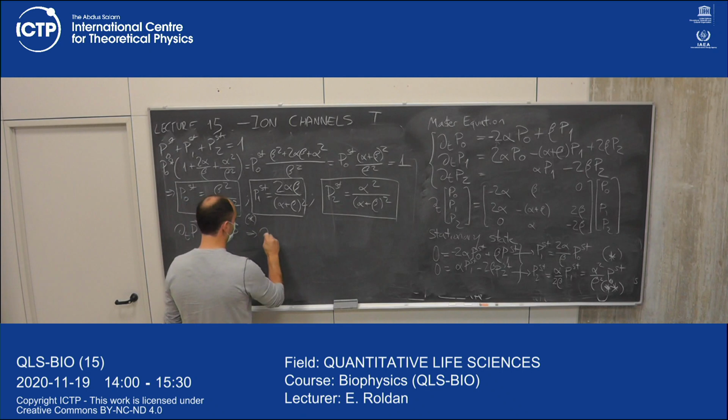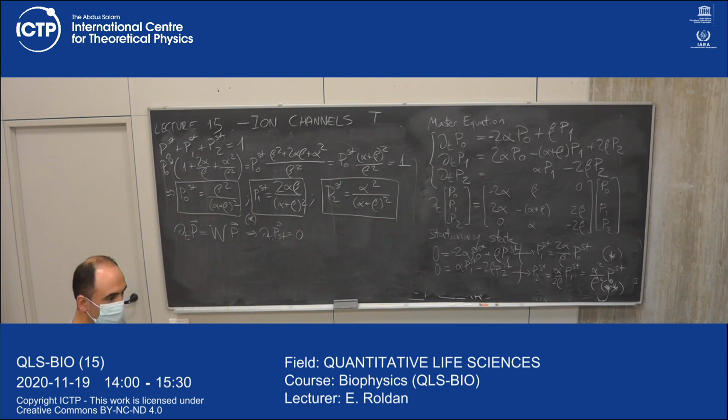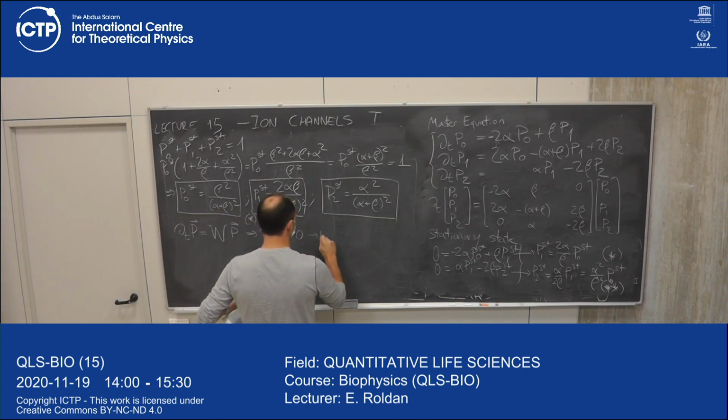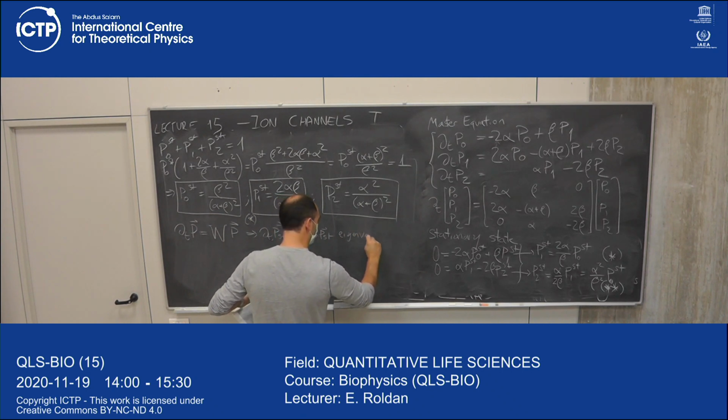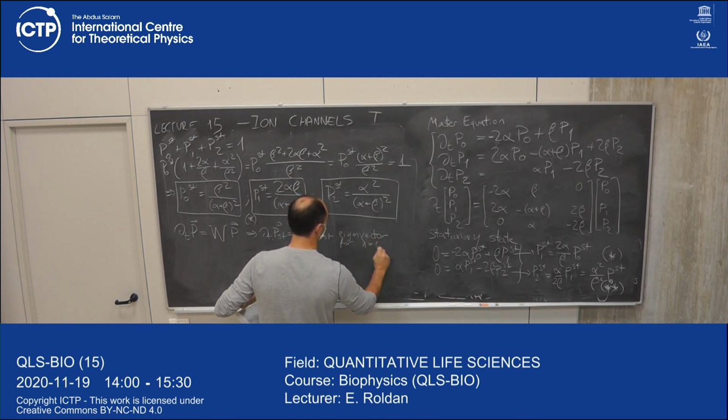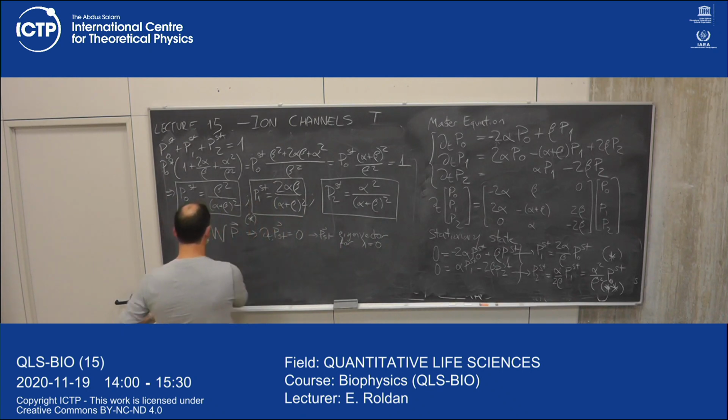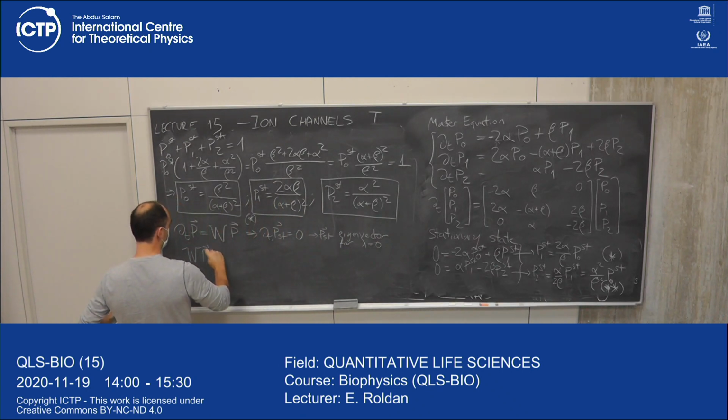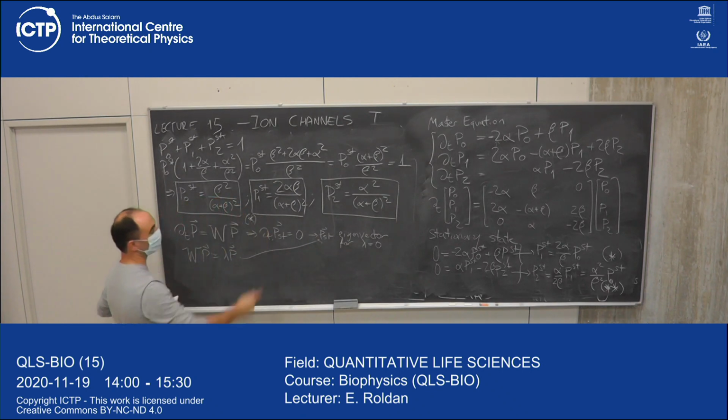The stationary is defined as 0, so it is the eigenvector with eigenvalue 0. It is the eigenvector for lambda equals 0. Lambda comes from this fact, P equals lambda P. Okay, this is the eigenvector equation. If you solve it, you will get the same thing.